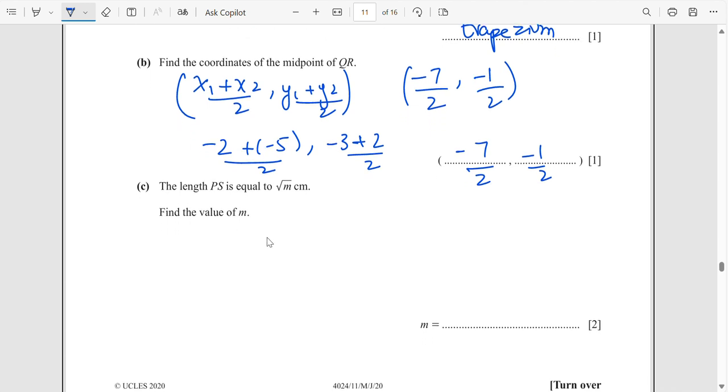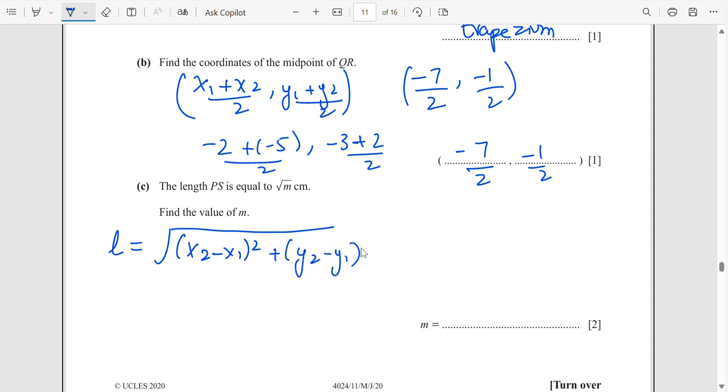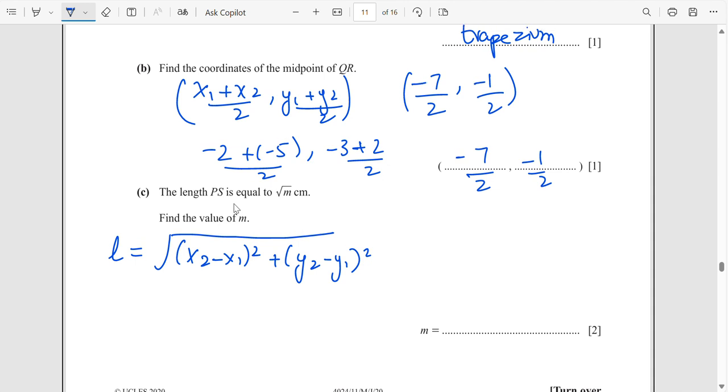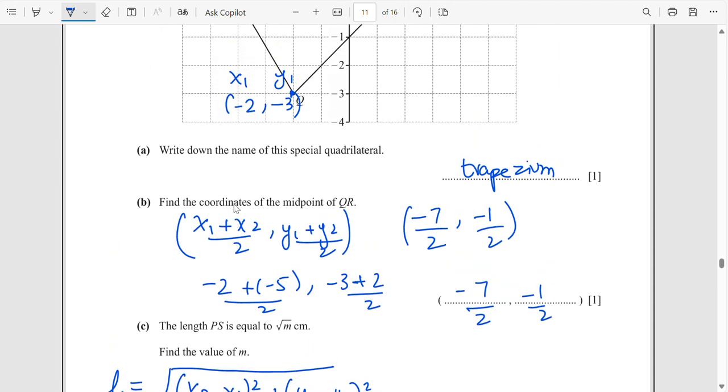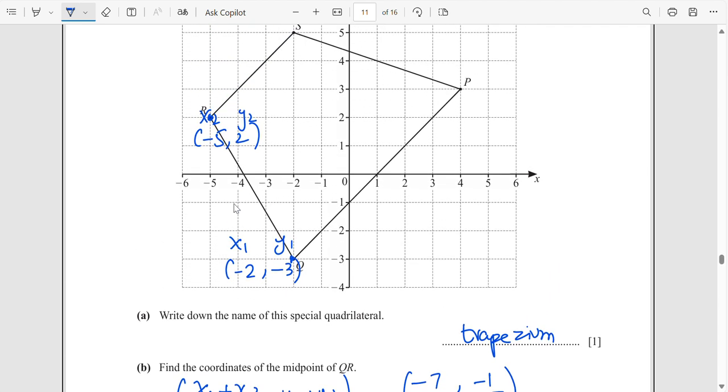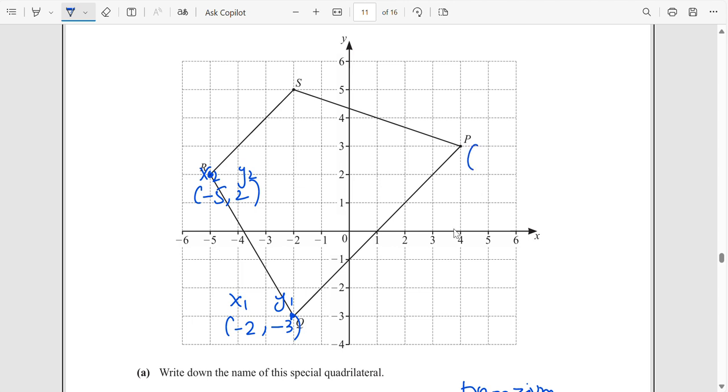The length PS is equal to the square root of m centimeters. Find the value of m. So the formula for length is the square root of x2 minus x1 whole squared plus y2 minus y1 whole squared. So let's see what x1, x2 and y1, y2 are. For P, the x coordinate is 4 and the y coordinate is 3, and for S, the x coordinate is -2 and the y coordinate is 5.